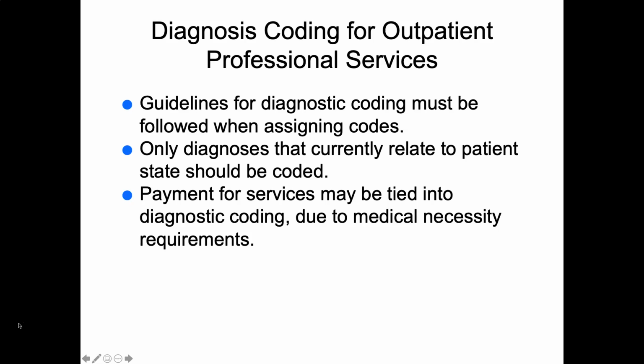This patient has a past history of lung cancer. That history may need to be coded because the arm pain may be due to bone metastases. The patient doesn't currently have lung cancer, but the fact that they had it in the past may be very pertinent to their current situation, and that's when you would code that.